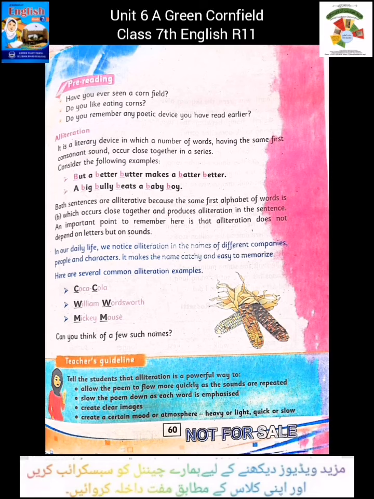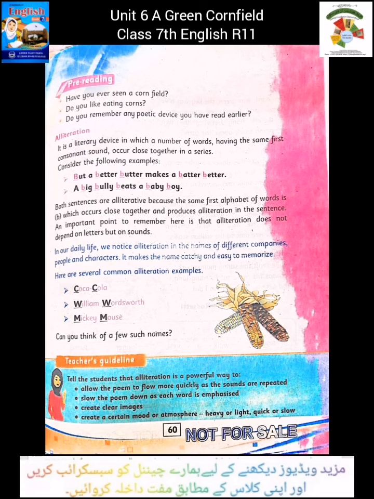In our daily life, we notice alliteration in the names of different companies, people, and characters. It makes the name catchy and easy to memorize. Here are several common examples: Coca-Cola, William Wordsworth, Mickey Mouse, Donald Duck, Krispy Kreme, Peter Parker.